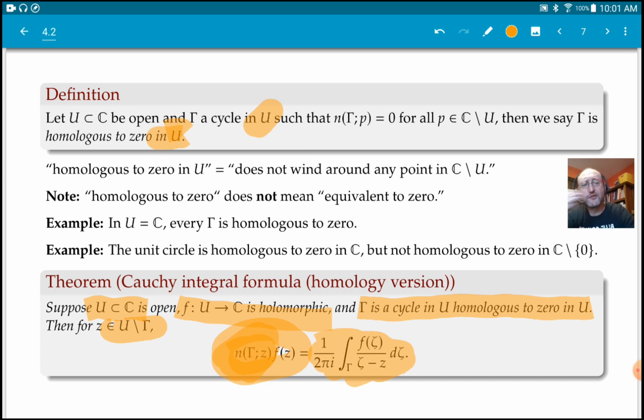A lot of times when you're applying this, you have a gamma that only winds once around the points you're interested in. If you can pick gamma, you can pick it so that it doesn't wind more than once around those points. For example, in the simple version that we did before for the circle, everything inside the circle we wound around exactly once, so that winding number was just one.